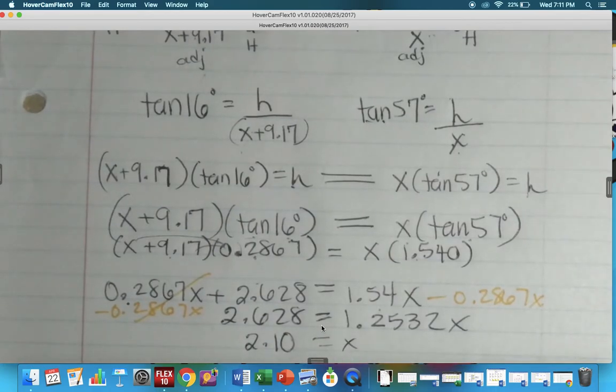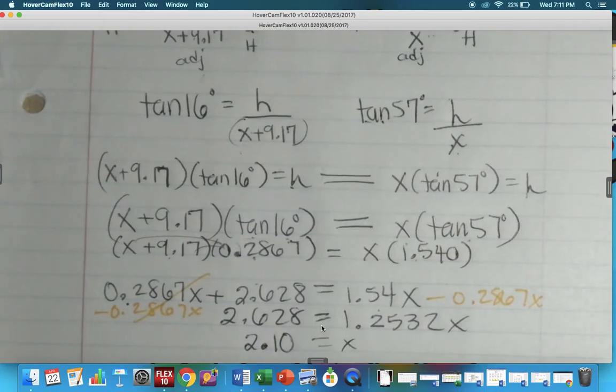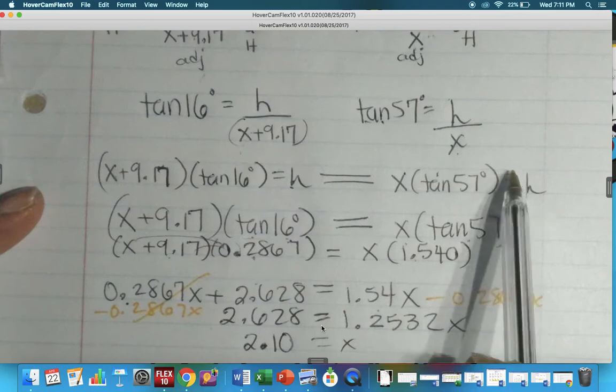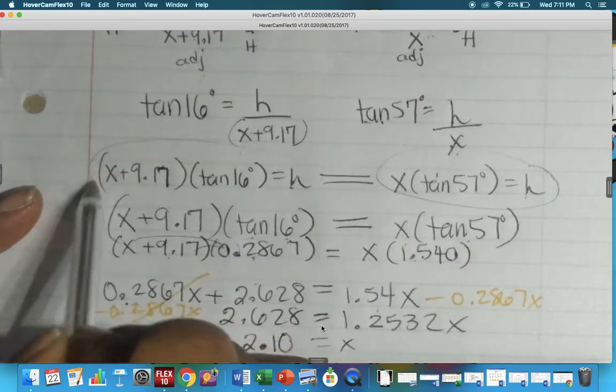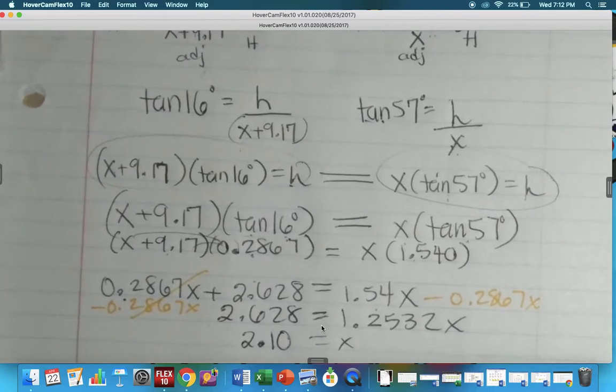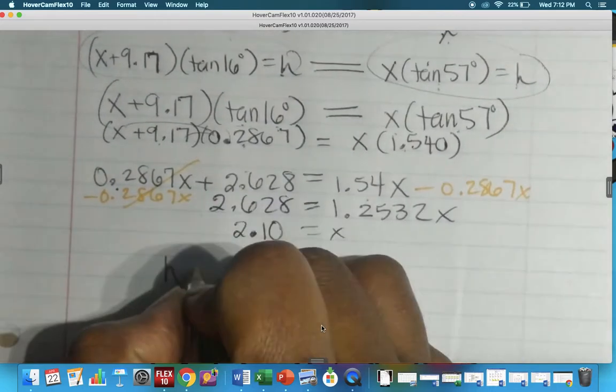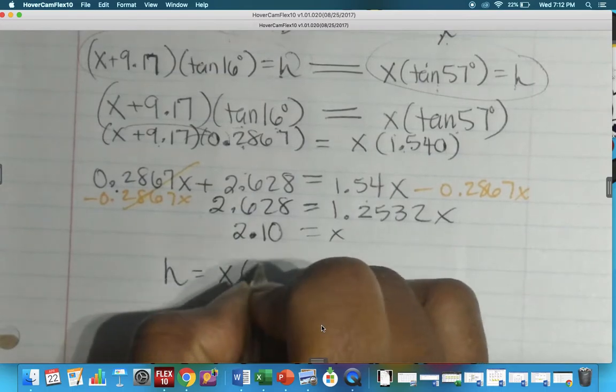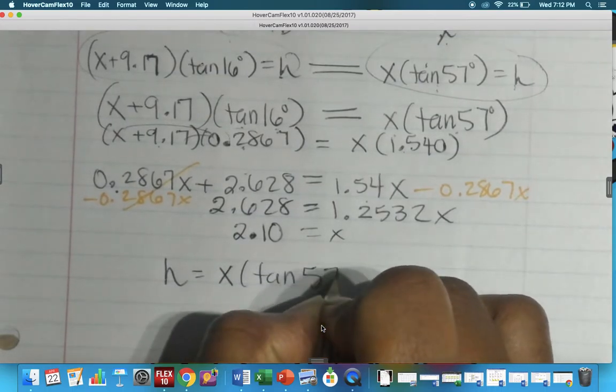So x is 2.10 miles. I want to know what h is, so I have two formulas here for h. I can plug into either one. This one looks easier, so I'm going to use that. It says h equals x times tan of 57 degrees.